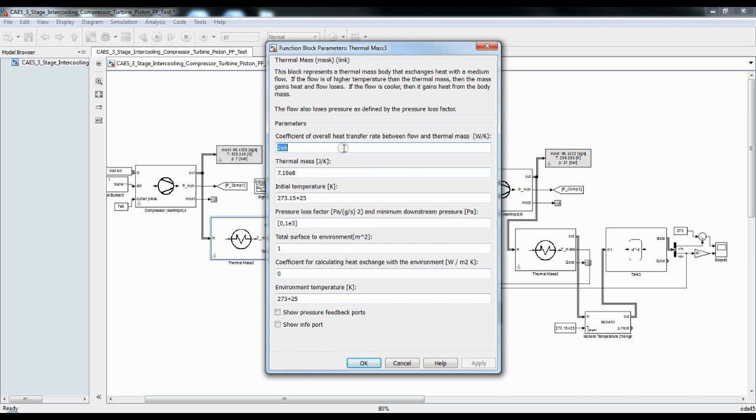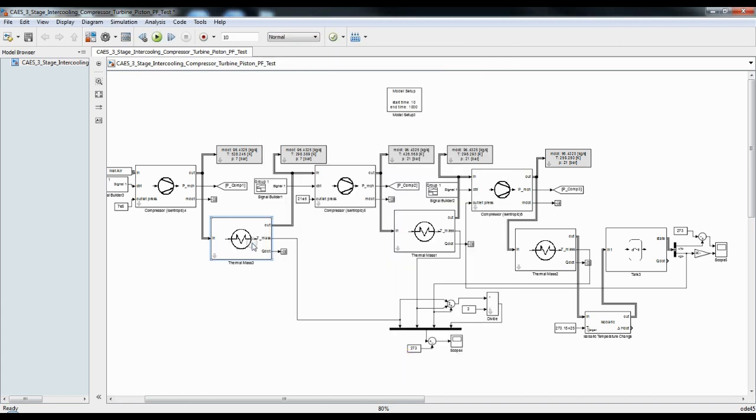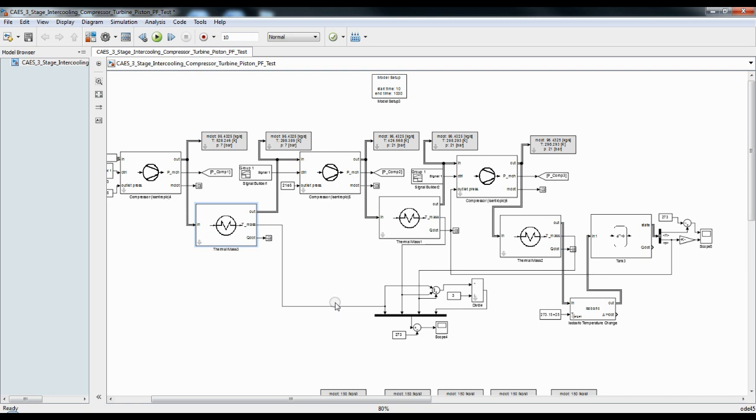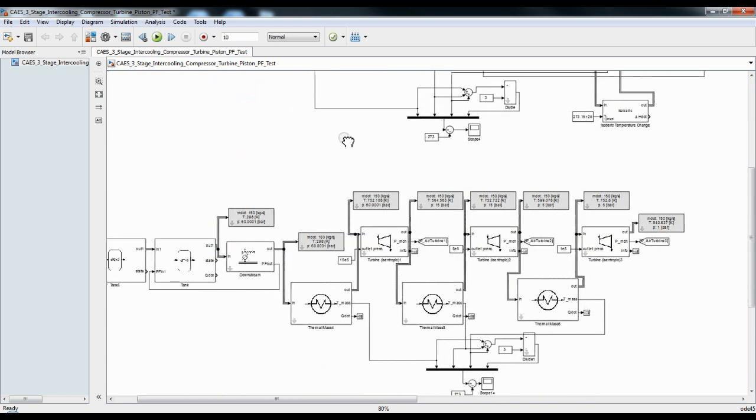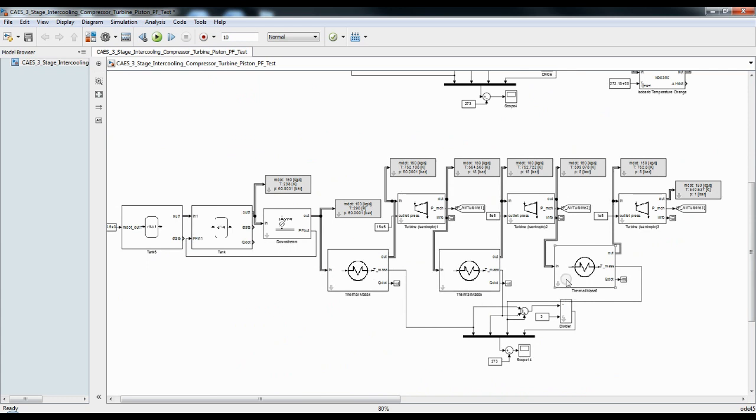If we want to look at the thermal mass, it's something new here. You have the overall heat transfer coefficient, a thermal mass, an initial temperature, and then you can add heat transfer with the environment. What we're doing is monitoring the temperature of each mass over time, and then taking the average of them, so we can see how the thermal masses gain heat during the compression phase.